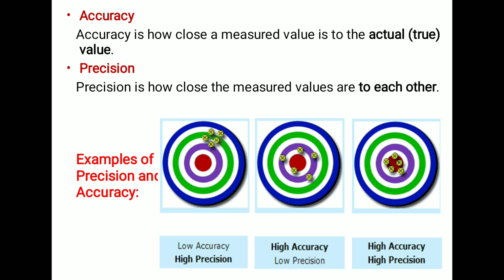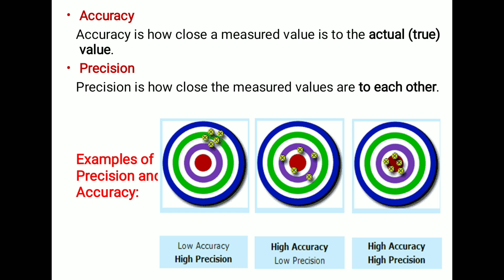If you see the middle or second figure, all the actual values which we have obtained are near to the central value, that is the target value, but they are scattered. So this figure shows us high accuracy but low precision.